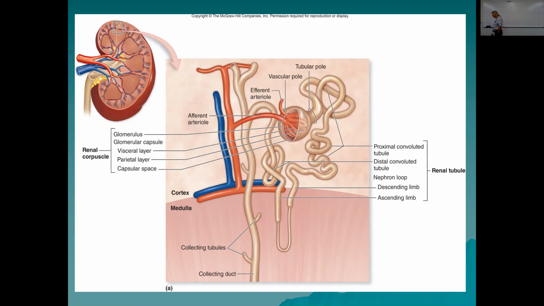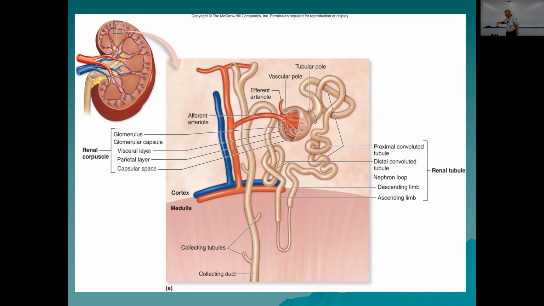And you can see that there are blood vessels going to the nephron, particularly what's called the afferent arteriole, goes into the renal corpuscle. Now, within the renal corpuscle are a group of capillaries called the glomerulus. And then leaving, those capillaries coalesce into an efferent arteriole, which leaves the renal corpuscle.